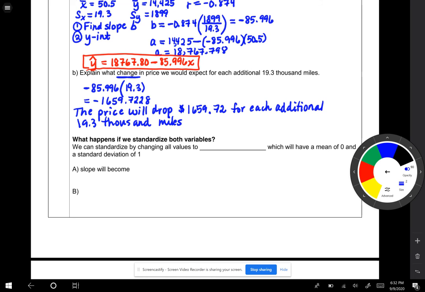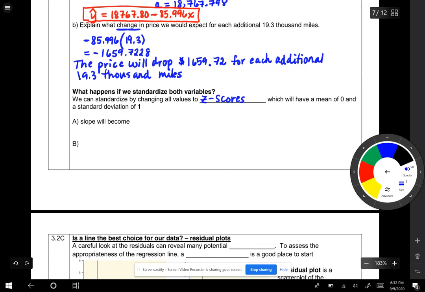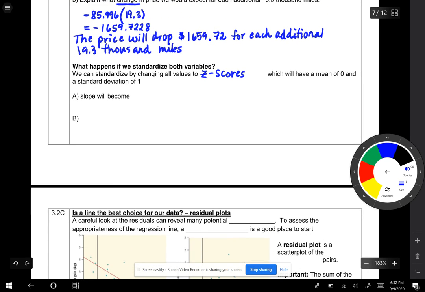And lastly, what happens if we standardize both variables? If you remember about standardizing variables, we're going to change all of our values to z-scores. And remember, z-scores have a mean of 0 and a standard deviation of 1.